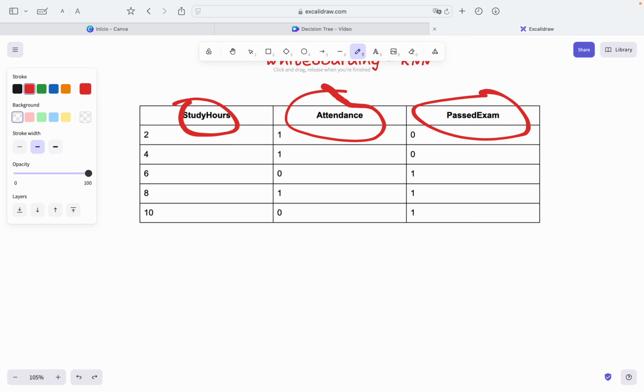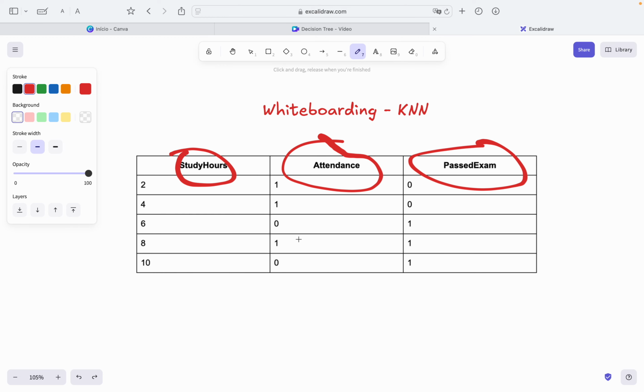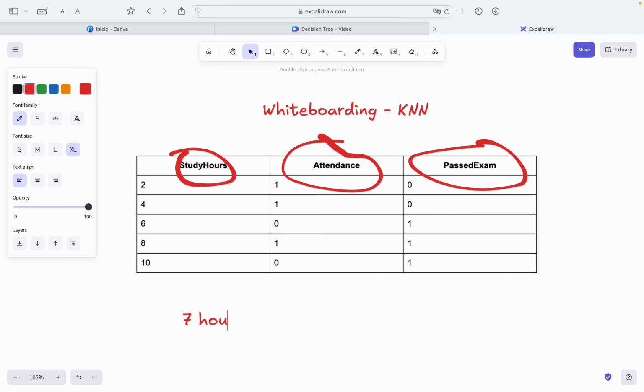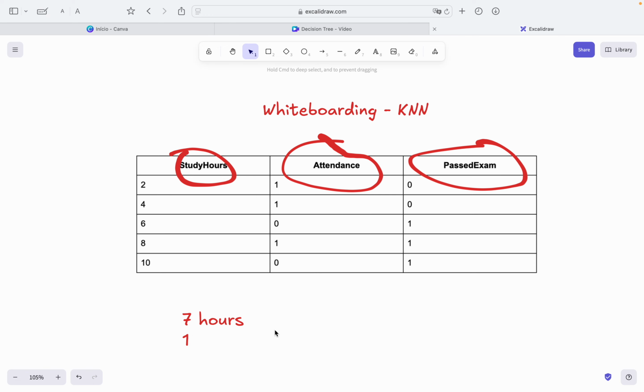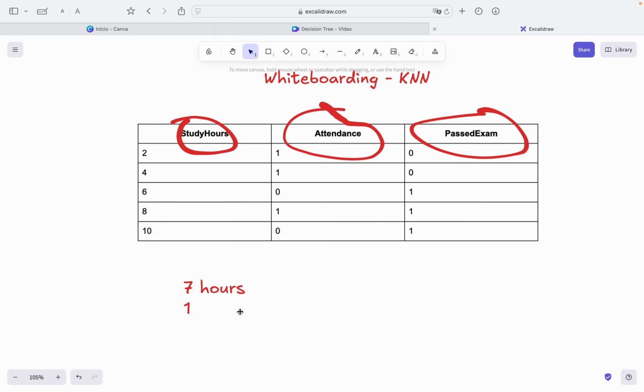Now we have a new student, so we're gonna work with this new information. The new student studied for 7 hours, and his attendance was 1, which is true, or he attended.